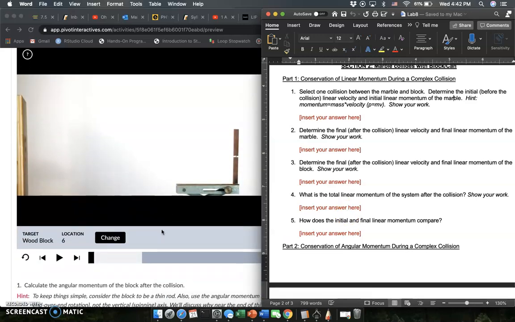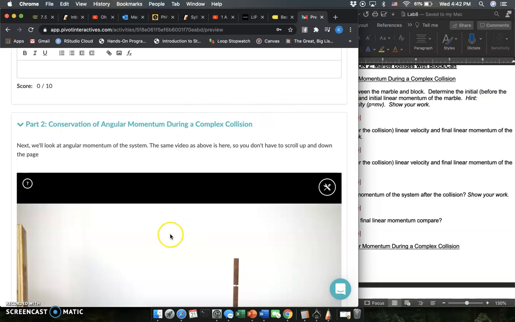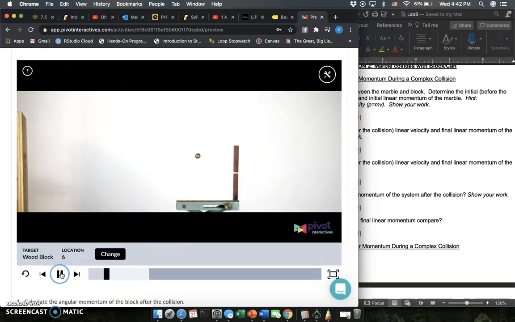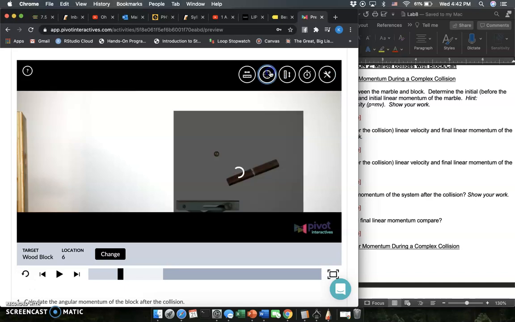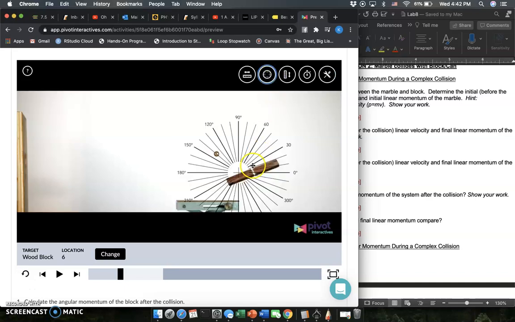The next part is looking at the angular momentum of this collision. We want to know about the angular momentum now, and the marble doesn't have any angular momentum, it's just going in one direction, only along the x-axis. But if you pull up your protractor right here, you can see that the block changes direction, so it starts to spin.